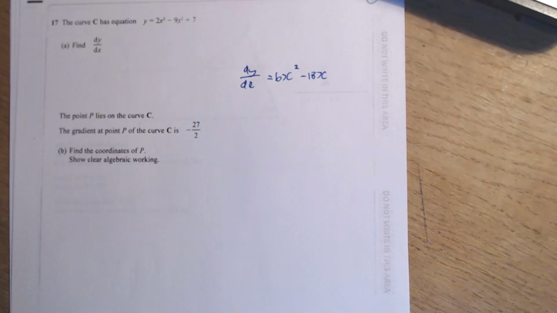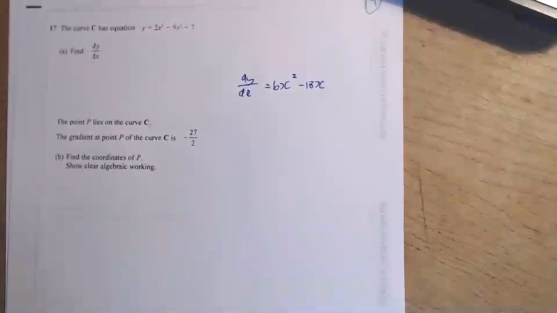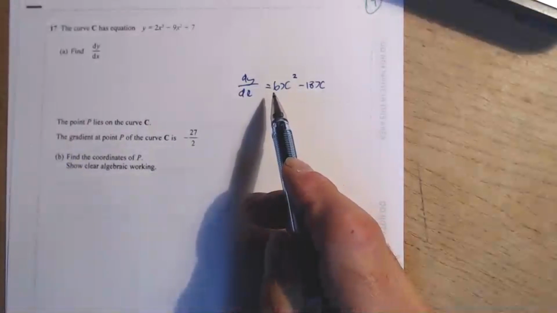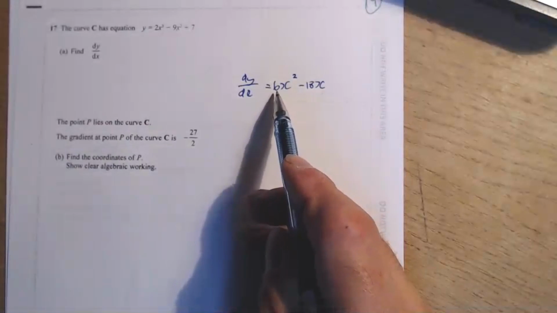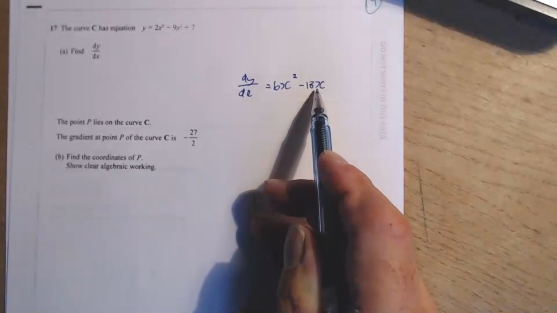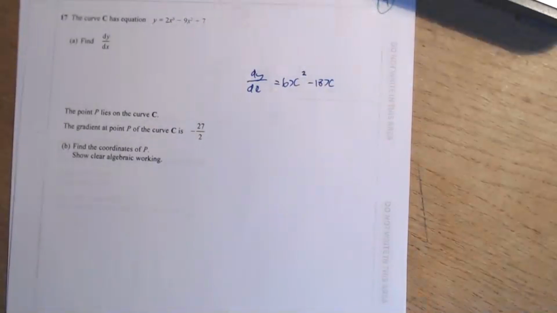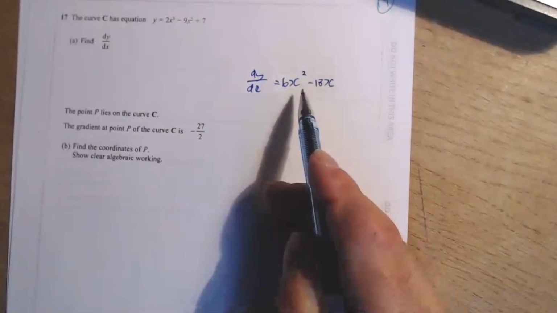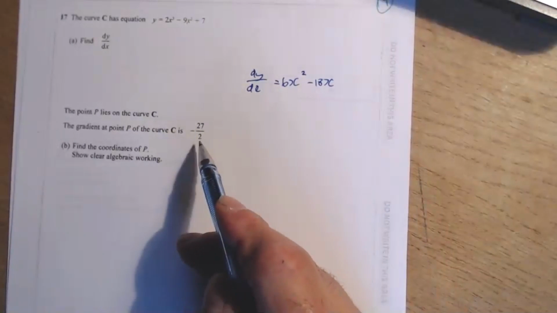So we're told for part b, the point P lies on the curve, the gradient at P of the curve is minus 27/2. Find the coordinates of P showing working. So got to be careful you get this the right way around. This allows you to work out the gradient at any value for x. Now in this situation, we've actually been given the gradient, and we've got to work out what x value gives us this gradient.